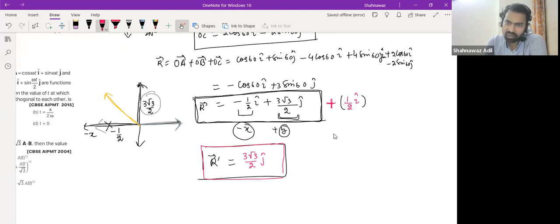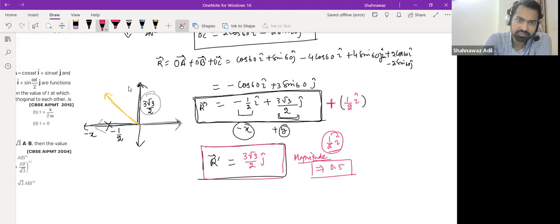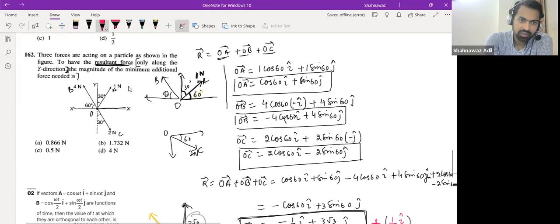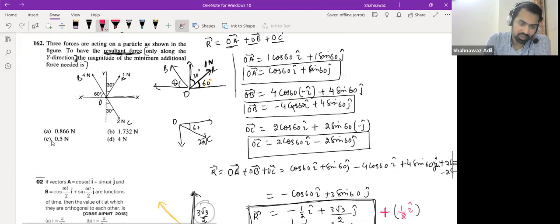So the answer is 1 by 2 i. And what is the magnitude of 1 by 2 i? This is 1 by 2, which is 0.5. So the magnitude is 0.5. So what is the answer? 0.5.